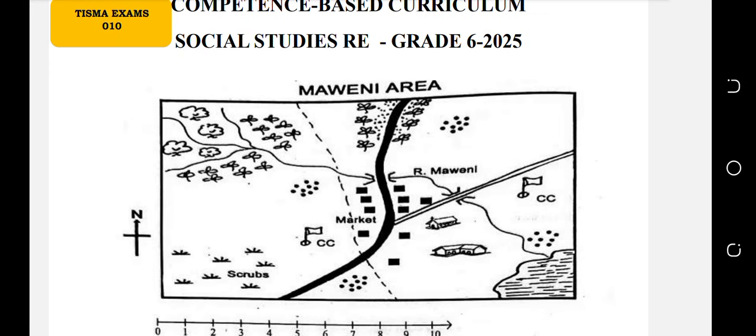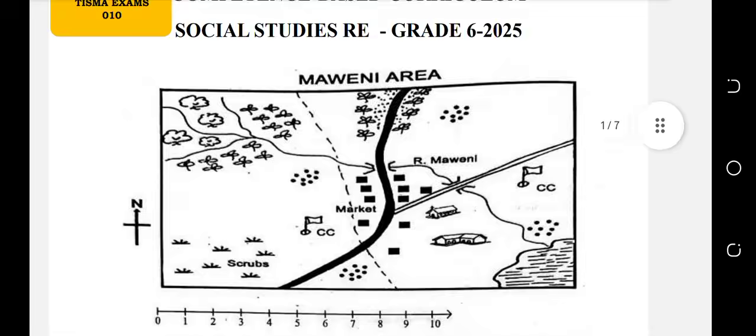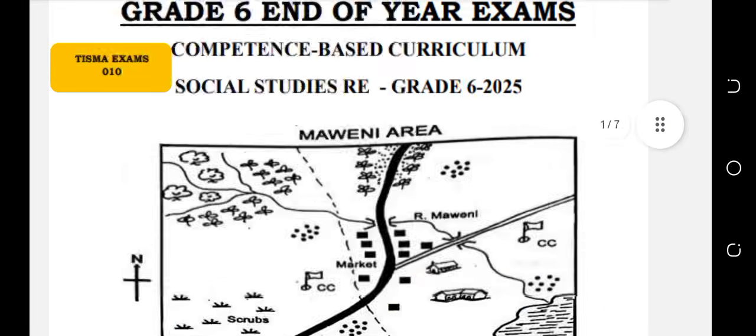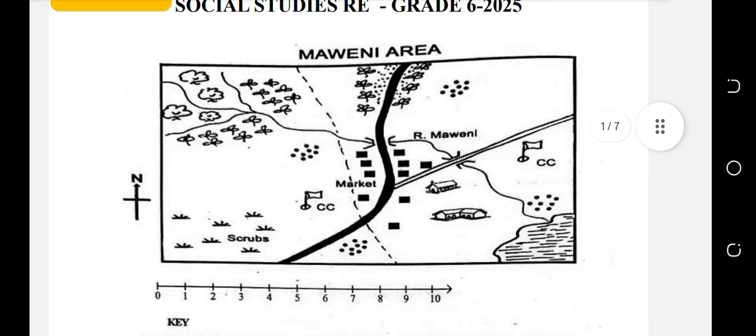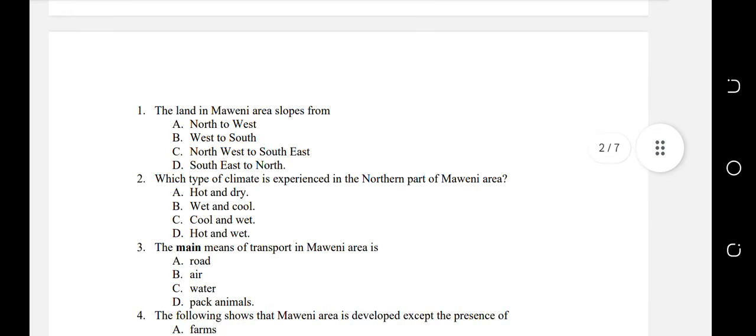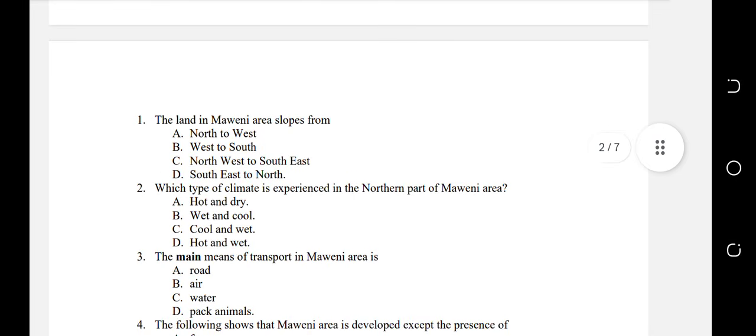So where we have the lake is lowlands. I hope we are together. So let us go back to the map. The land slopes from northwest to southeast. So the answer here is B, B for boy.